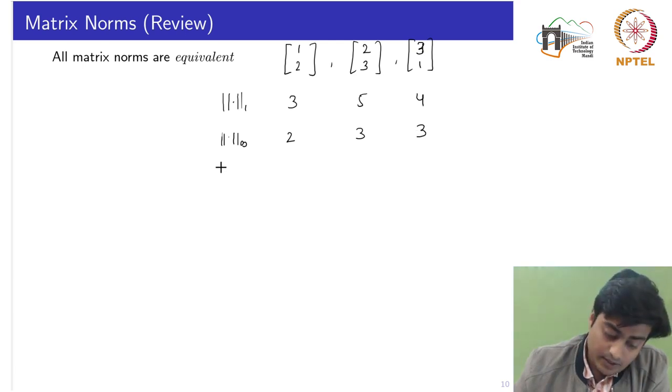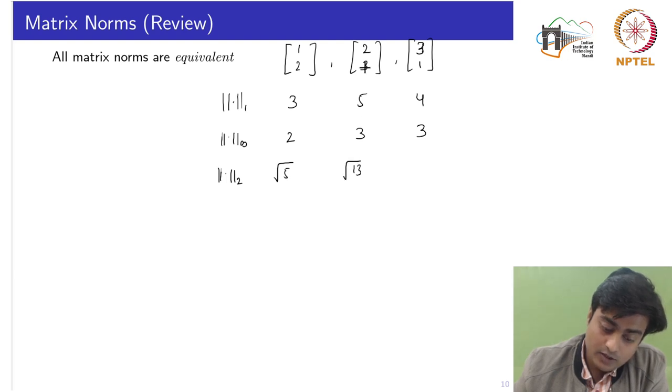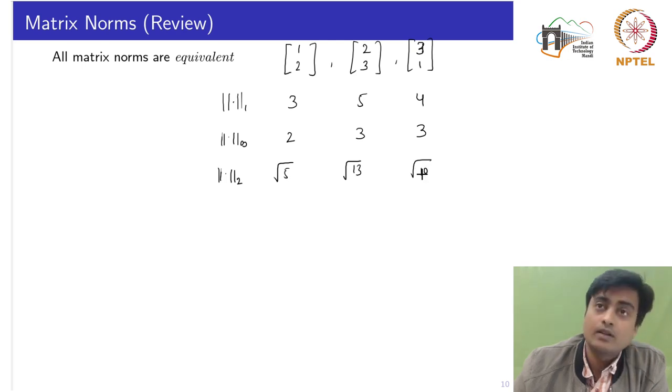If I compute the 2 norm, it is given by square root of 5 for the first one, square root of 13 for the second (3 squared is 9 plus 2 squared is 4), and for the third one it would be square root of 10.